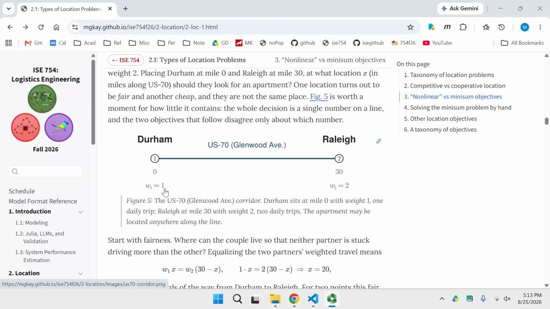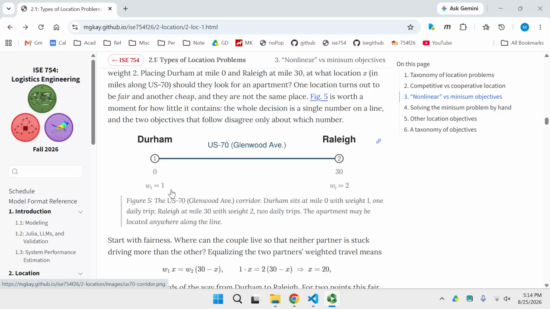That'll be the weight, W1. And the other member of the couple, W2, is going to be working and going to school in Raleigh, so they have a weight of 2. And this represents the number of trips each respective person has to make per day.